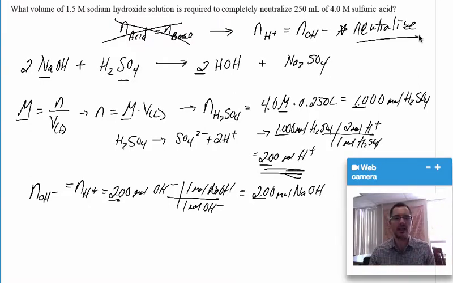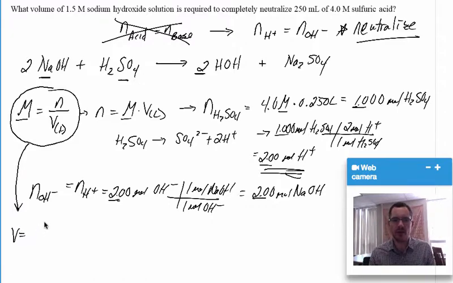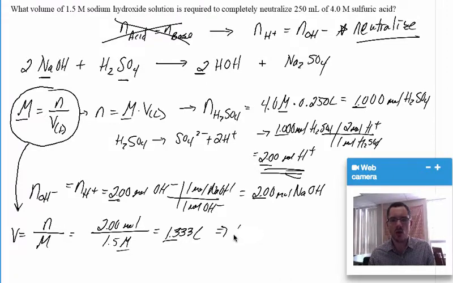And finally, I can determine the volume based on the concentration, because I can use that molarity formula and say that volume is simply going to be the number of moles over my molarity. So 2.0 moles to 2 sig figs, divided by 1.5 molar, also 2 sig figs, is a value of 1.333 liters, which to 2 sig figs is 1.3 liters.